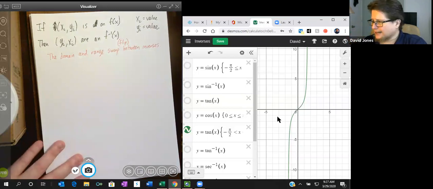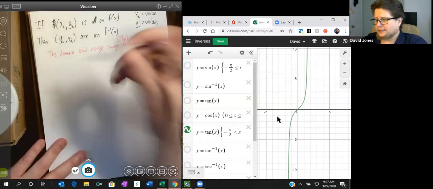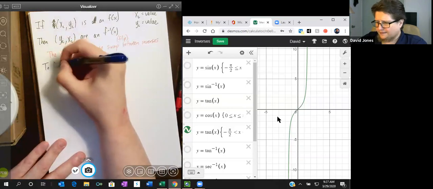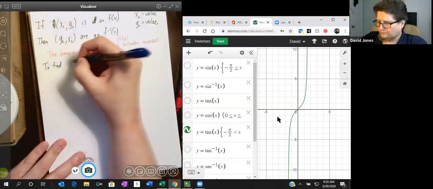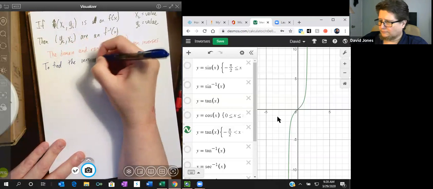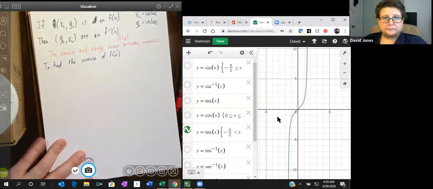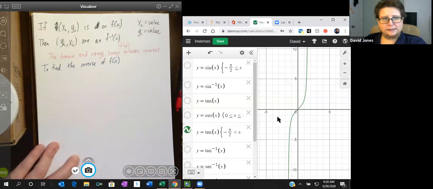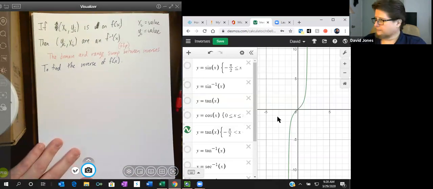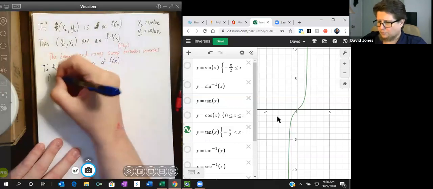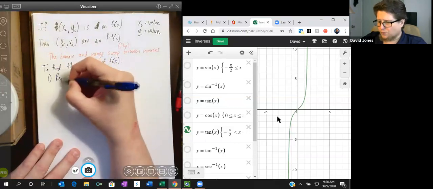And how did we find inverses in algebra? To find the inverse of f of x, we had several steps. Step one, we replace f of x with y.